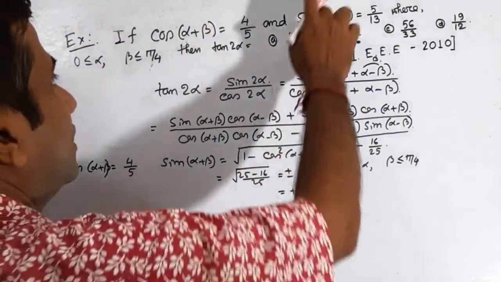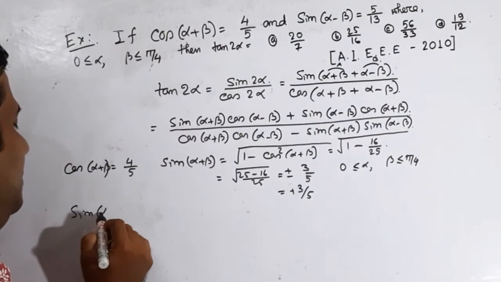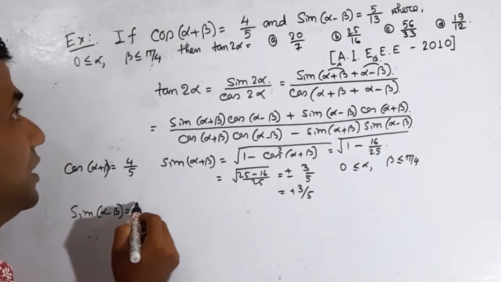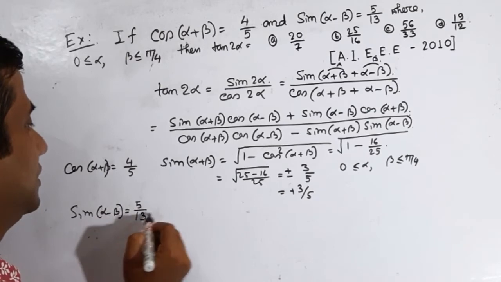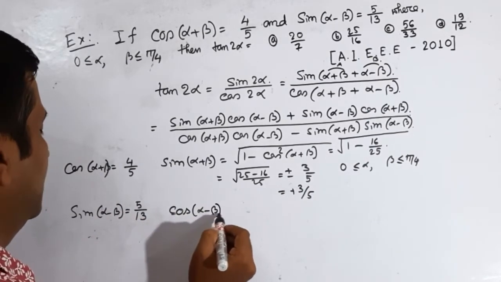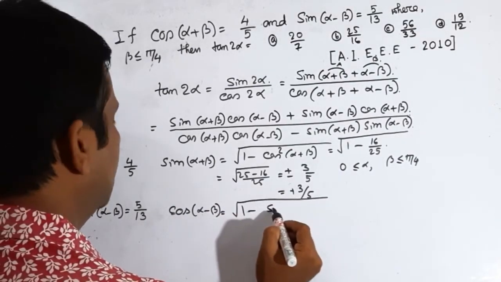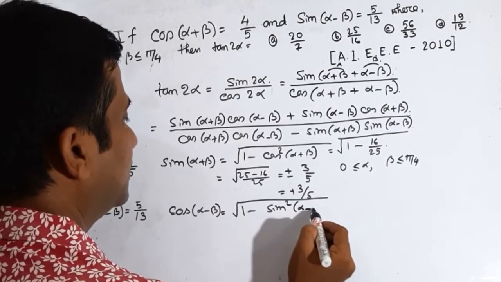And sin(alpha minus beta) is equal to 5 by 13. Then cos(alpha minus beta) is equal to root over 1 minus sin square(alpha minus beta).